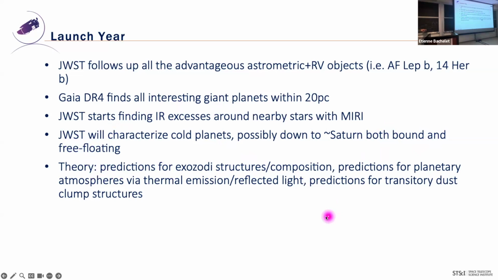And that theory part of things is also going to be moving along in the next 2 years, especially on things like exozodies, where we have very little information, but we realize we need to start making better predictions than what currently exist, as well as updates to planetary atmospheres via all these different new ways of characterizing planets.